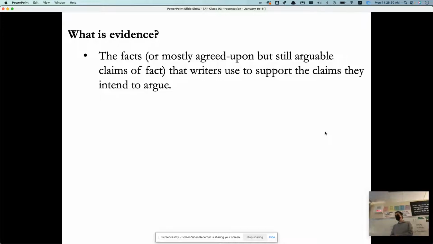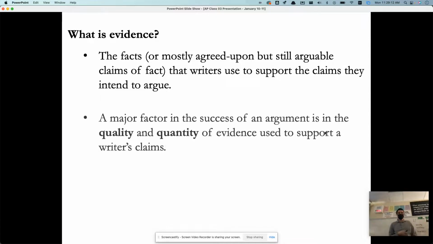And that's actually a way you can attack an argument, by essentially saying, look at the evidence that this person has provided. Actually, that's not a fact. That's a claim of fact. That's up for debate. Here are 6 sources that refute what this person is trying to pass off as a fact. Right? That's something you can do to refute an argument.